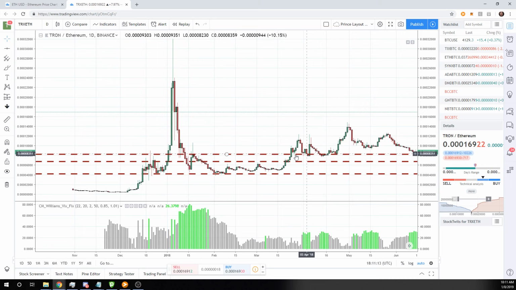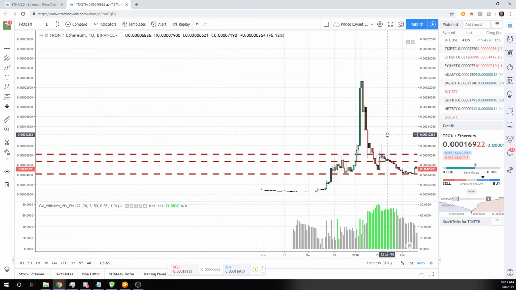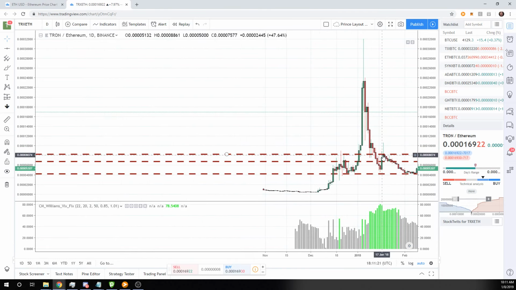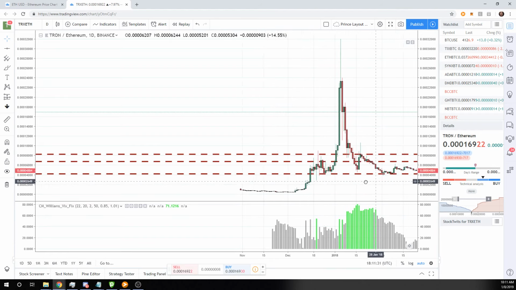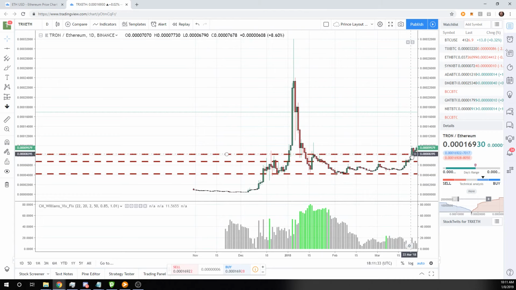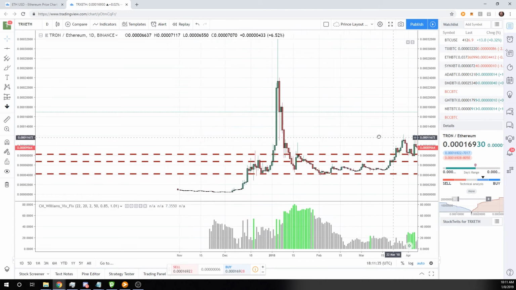This is a classic resistance-became-support scenario, where prior you knew where the resistance line was, and you bought down here because you knew where the support line was. Then it came up and it broke through resistance.